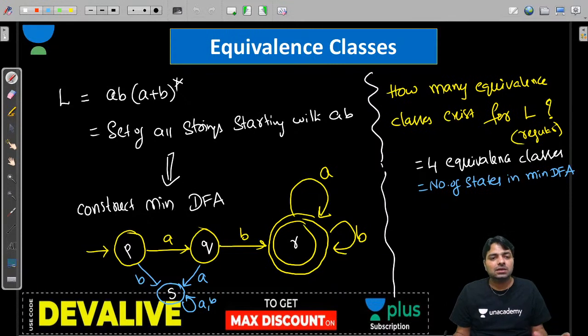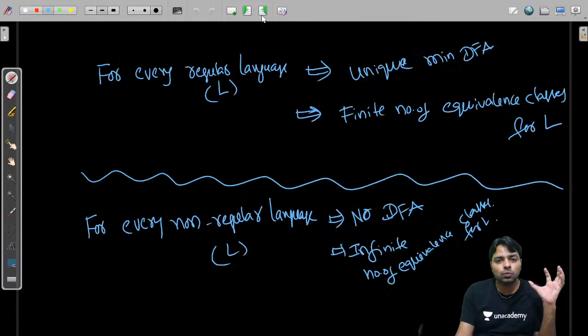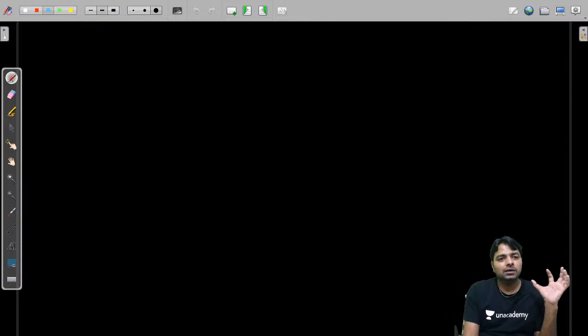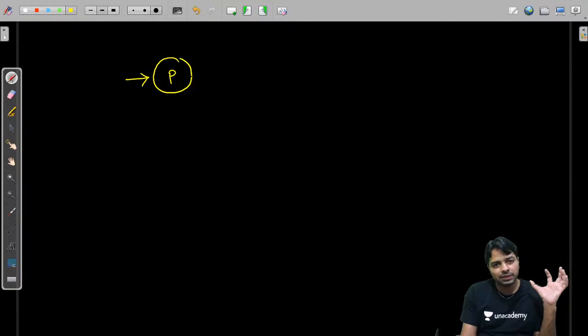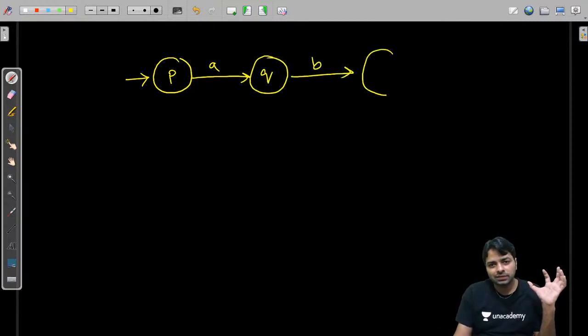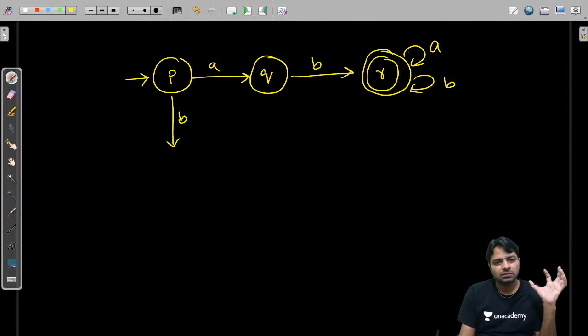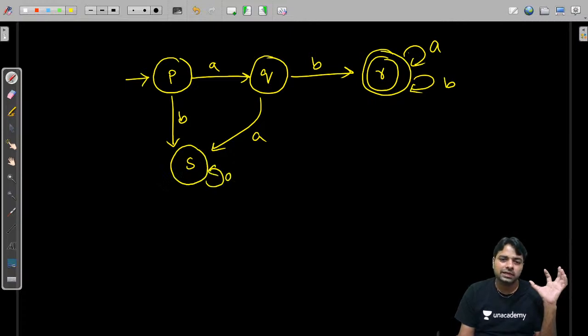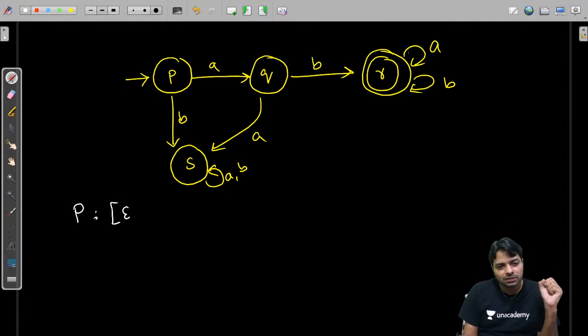Now if you look at this, what does P represent? Let me show you one more way here. Starting with AB. P is a class where only epsilon is there.